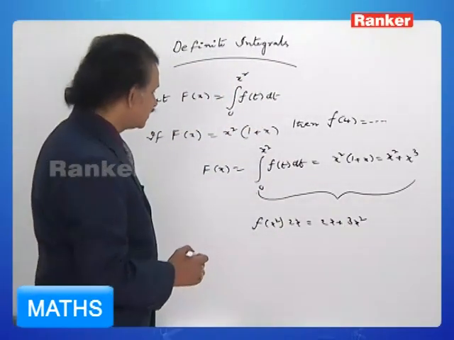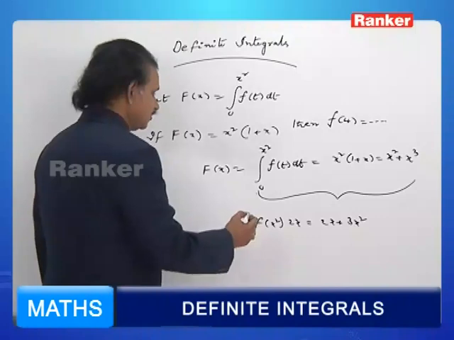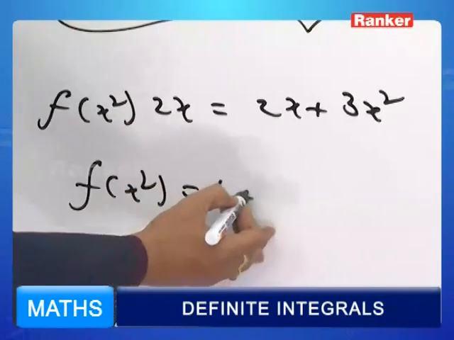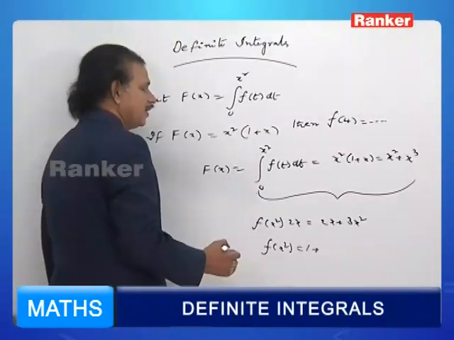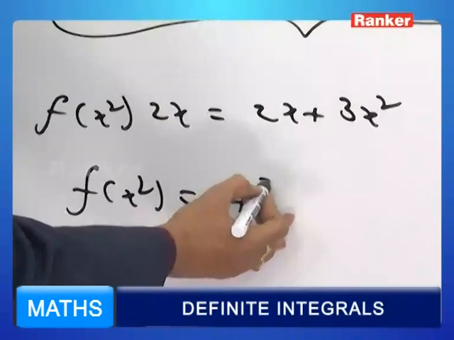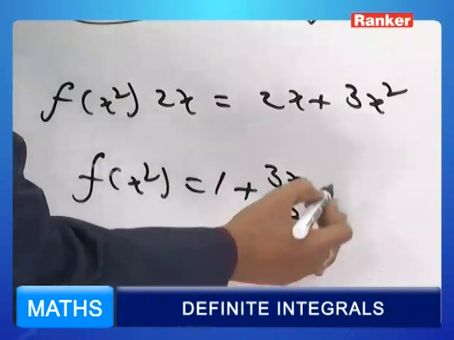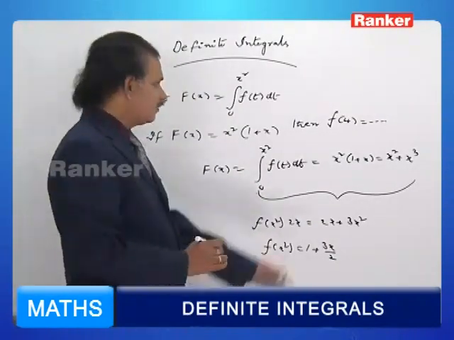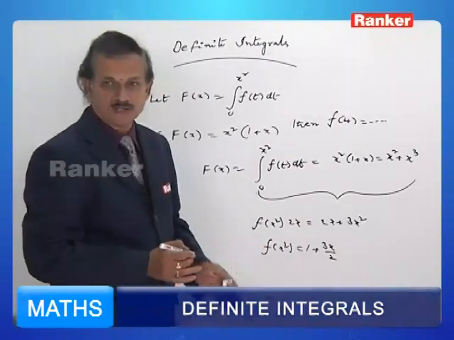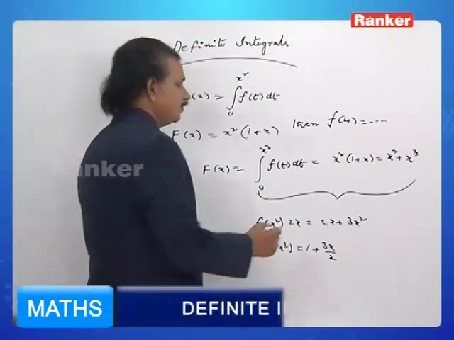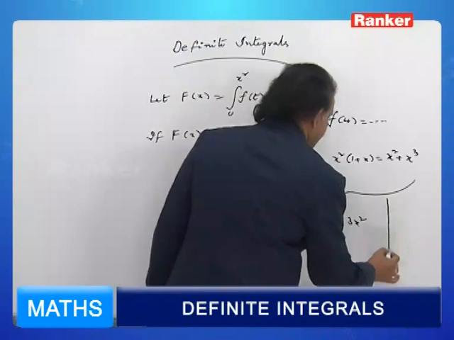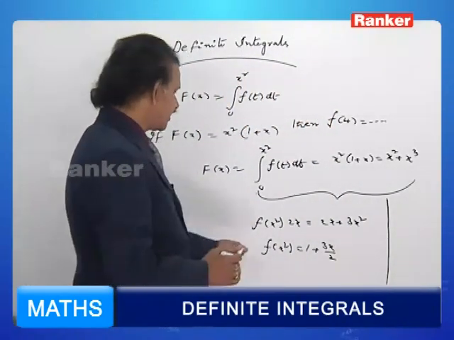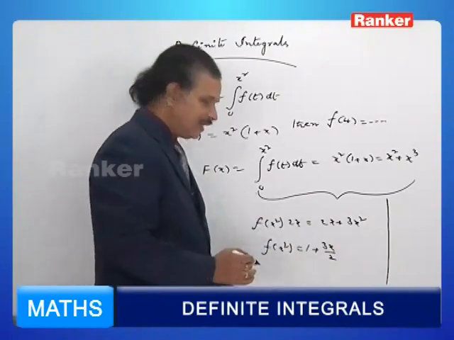Okay, by cancelling 2x on both the sides, what are you going to have? f of x square is equal to 1 plus 3x square by 2x. These are nothing but 3x by 2. Then, this is f of x square. Well, what are we required to find? f of 4, isn't it? So as f of 4 is required, you take x is equal to 2 in this last step.